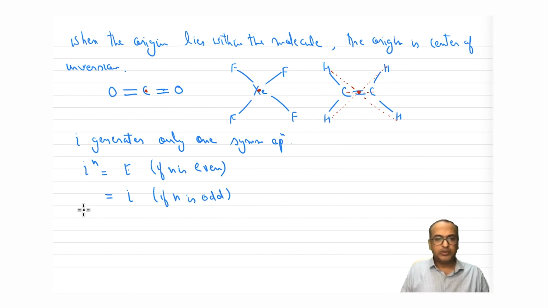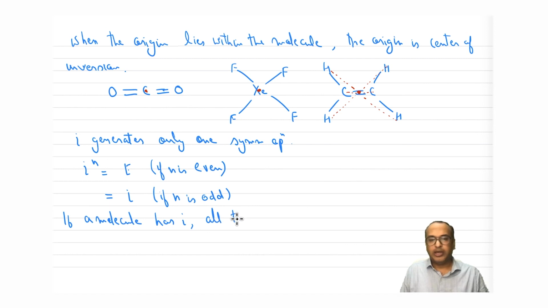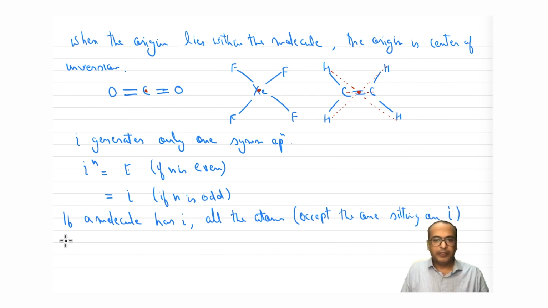so one important conclusion from here: if a molecule has i, all the atoms except the one sitting on i must be present in pairs, right?